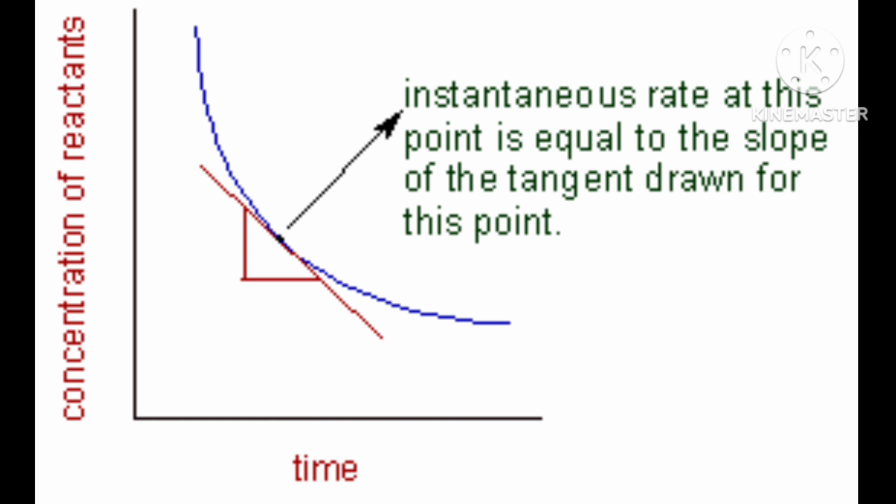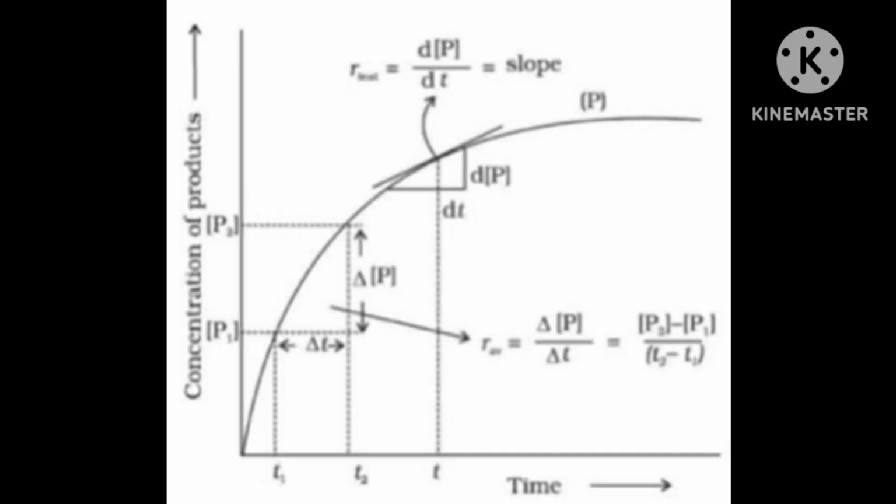This concentration is directly proportional to the partial pressure of the gas. Suppose gas A and gas B were there. Then gas A has some pressure, gas B has some pressure. After mixing they will create a total pressure.